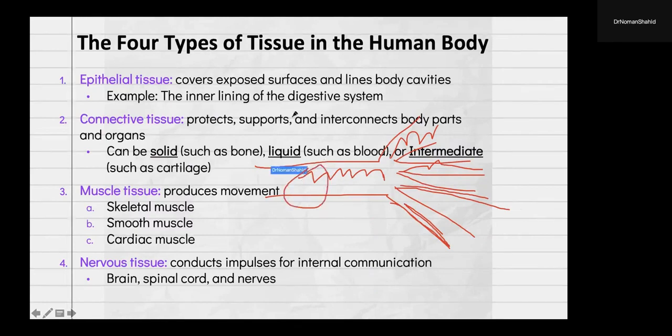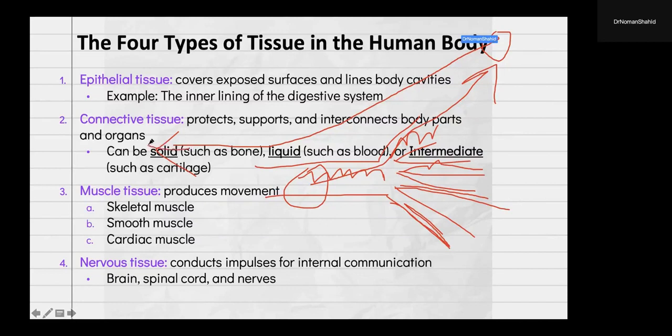The blood helps to connect the different parts of the body by supplying the nutrients to the body, and veins bring back the waste material from the body and send it outside.